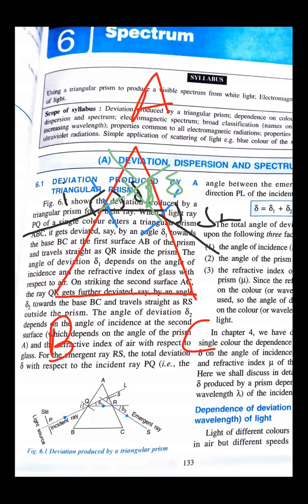Clear? This angle plus this angle will give you this angle. Yes or no? Because this angle and this angle are vertically opposite angles. This angle plus this angle is equal to this angle, by the remote exterior angle theorem: the sum of the two remote interior angles is equal to the exterior angle of the triangle. Yes?